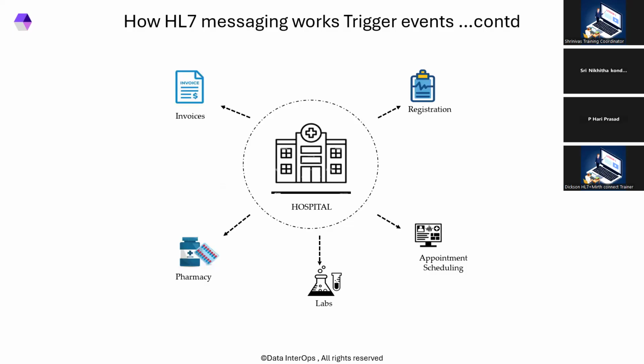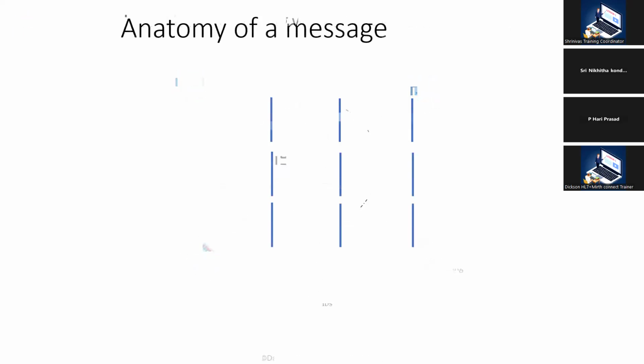For example, in registration, as I said earlier, we have patient registration, which is one event. Updating existing information of the patient, like when a patient comes in and says I want to change my phone number or email address, is also one kind of event.